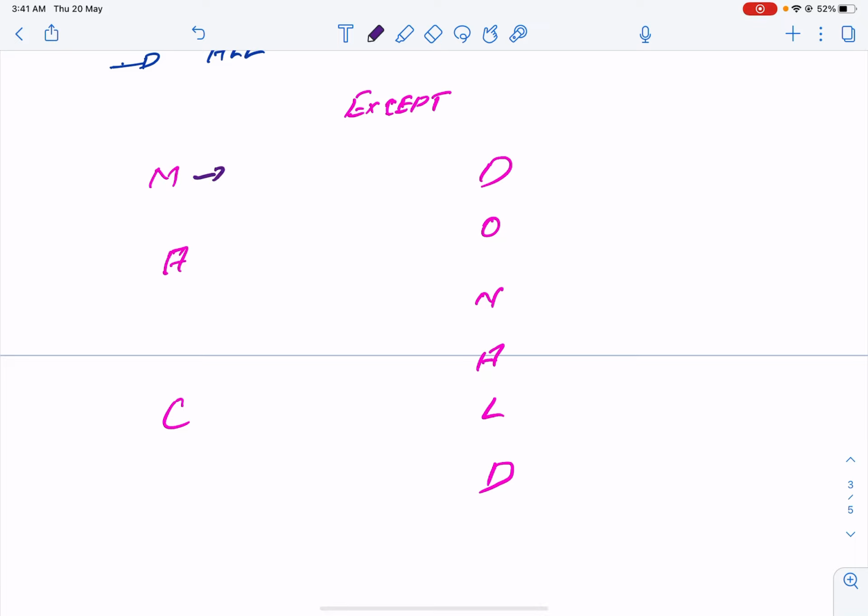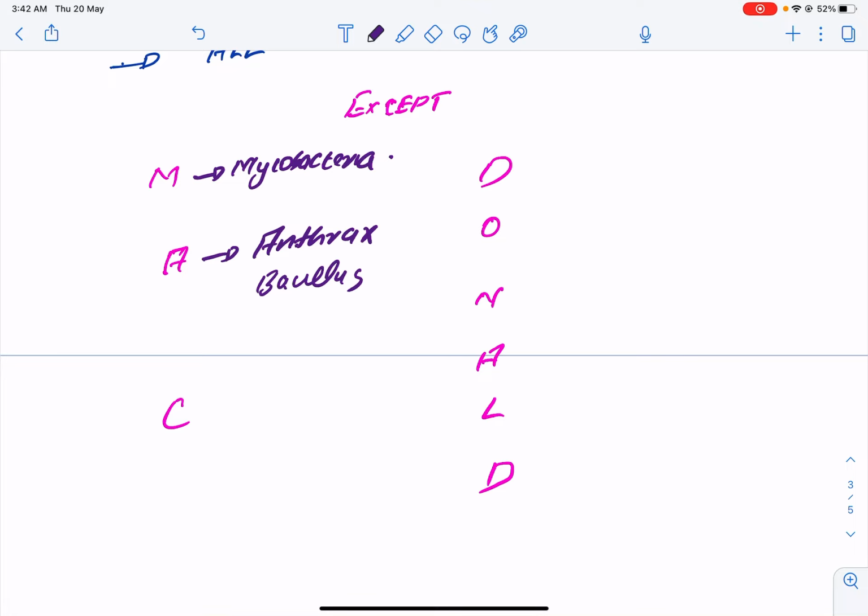Remember, M here is for mycobacteria. Then A for anthrax. Anthrax is caused by Bacillus anthracis, right? These are gram positive. Then Clostridium: Clostridium botulinum, Clostridium tetani. D for diphtheria, Corynebacterium diphtheriae.